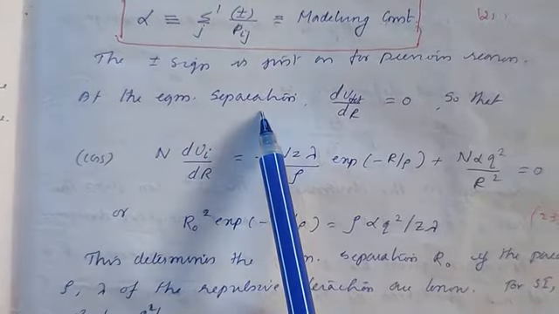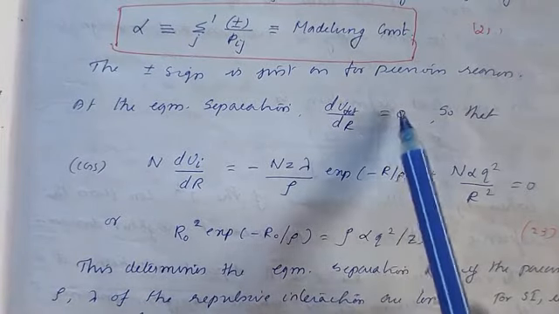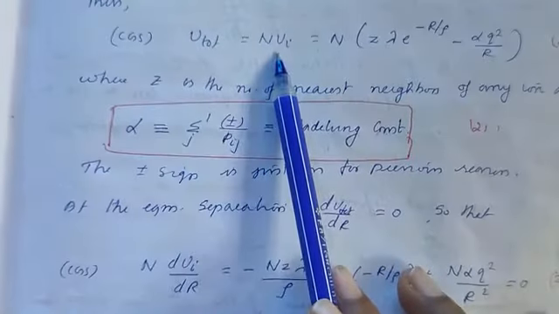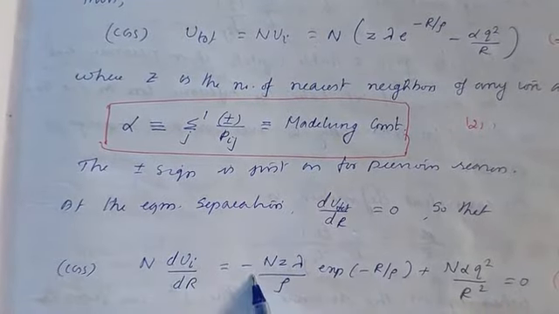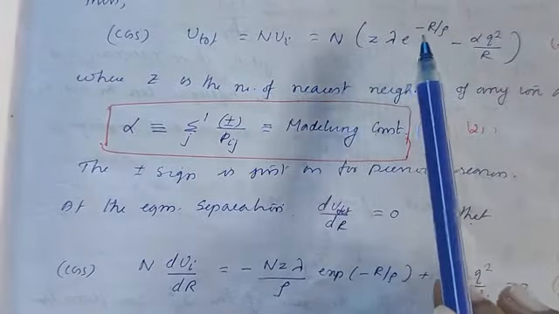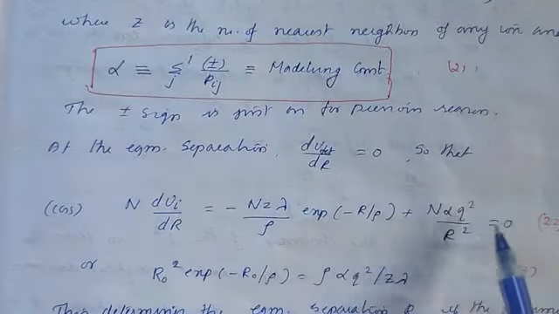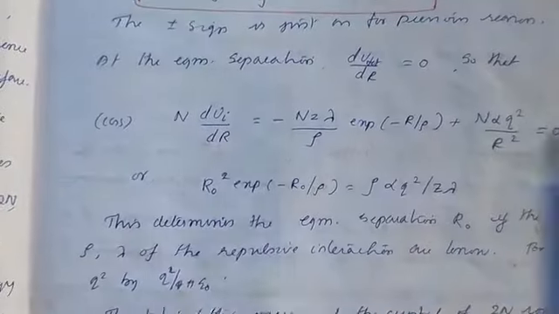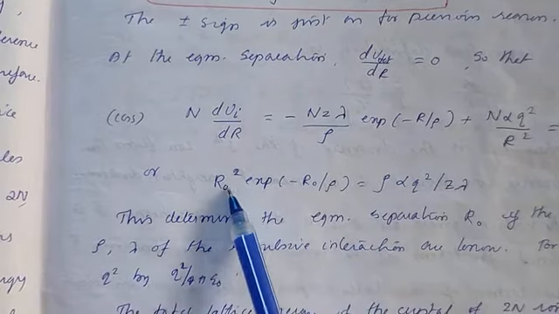At the equilibrium separation, what will happen? The change of U with respect to R will be 0, so we can write N into dU by dR equal to 0. We obtain dU by dR from this equation after differentiating with respect to R, and it is equal to 0 at equilibrium, where R is equal to R0.